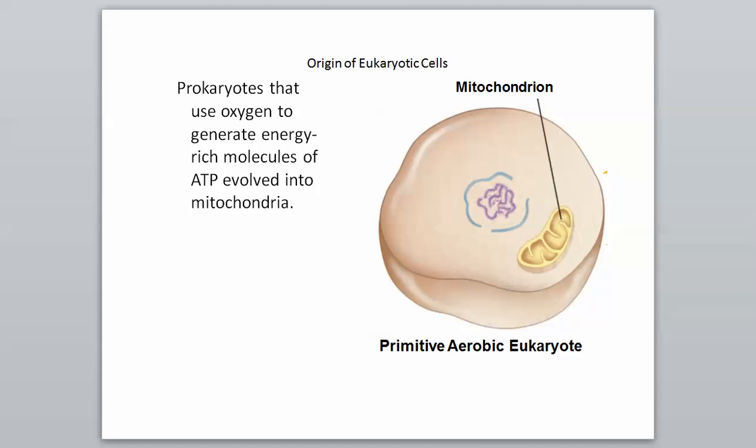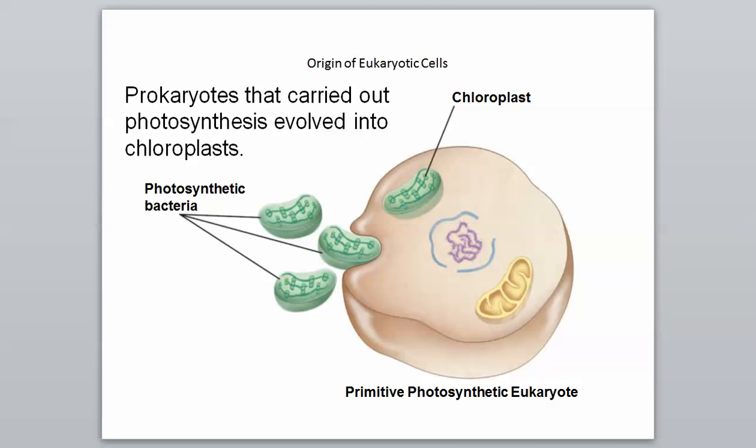And so our prokaryotes that used oxygen to generate energy-rich molecules of ATP evolved into our mitochondria. And so we know mitochondria actually have their own DNA, their own kind of genetic information, so that evidence supports that. Whereas prokaryotes that carried out photosynthesis evolved into chloroplasts. So photosynthetic bacteria came together and they became the organelle that we call chloroplasts.